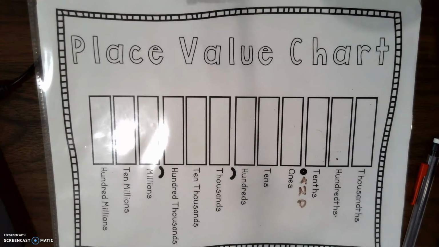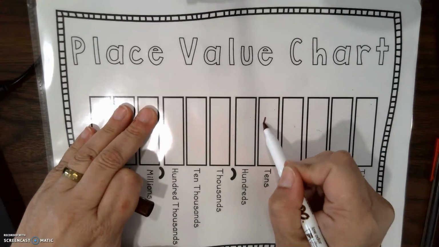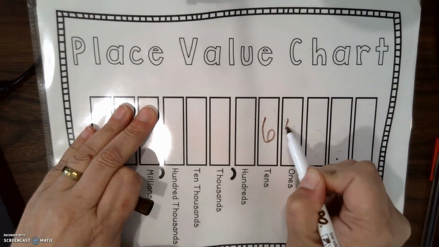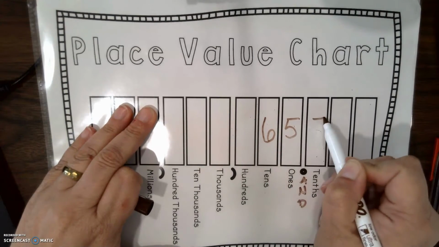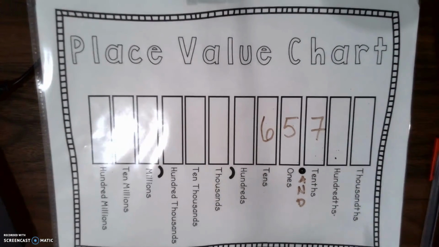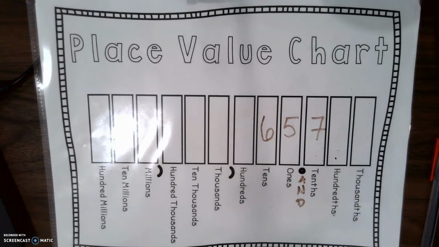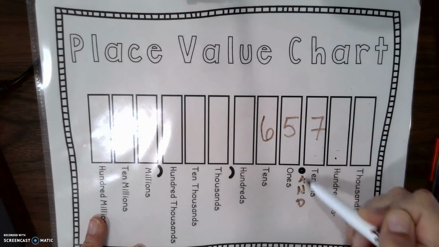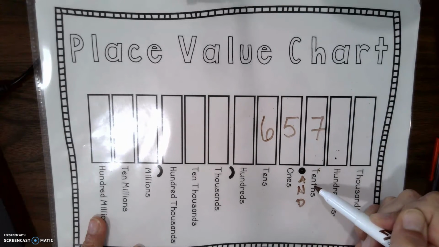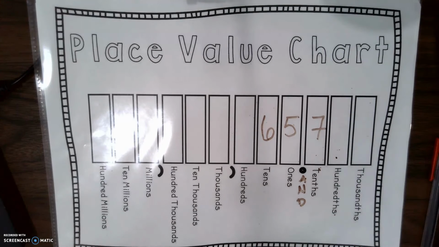Well, what's the nearest whole number? Let's plug this into our place value chart. This number looks like the number on page 132, 65 and 7/10, okay? And we're rounding to the nearest whole number.